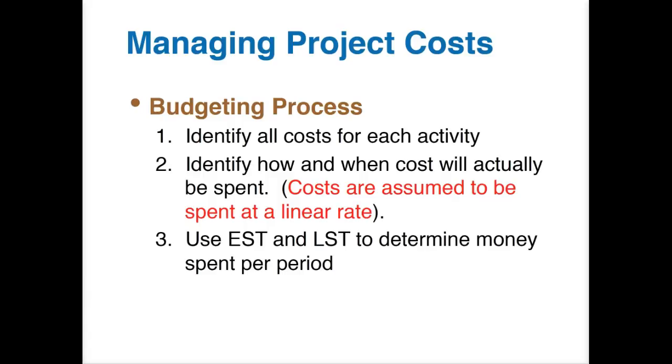All right, so let's switch gears here and start to talk about managing project cost. And we mentioned this earlier in the video, but once we know how much each activity takes to get it done, of course, we're looking at the cost over the overall project. So we're looking at the sum of how much all those activities are going to cost.